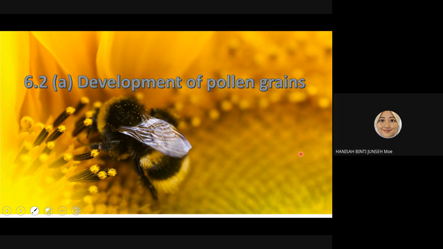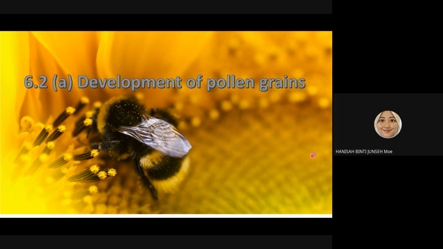Actually, 6.2 is discussing the development of pollen grains and the embryo sac. But I break this subtopic into two. We start with the development of pollen grain first.